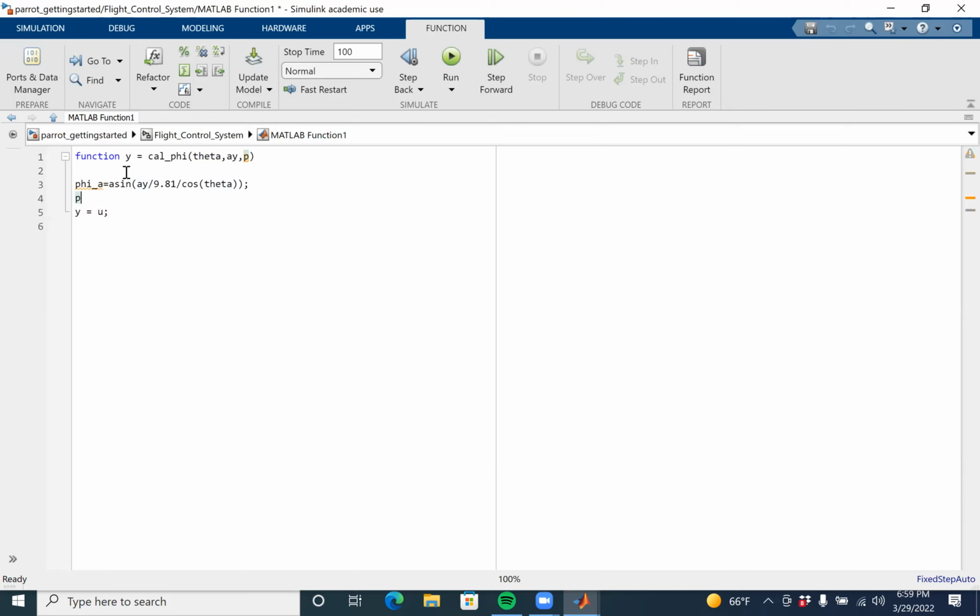The theta which you are getting is in degrees. No, related from the previous one, the theta you multiplied by 180 by pi, right? Sorry, not 9.81, but 180 by pi, right? I don't remember. Let me check.